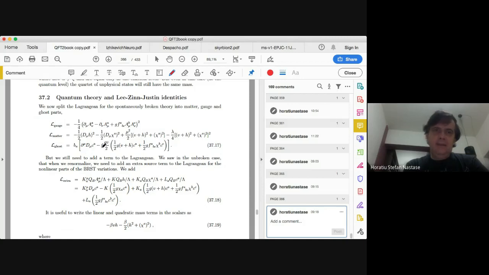And then we're left with b^a ∂^μ ∂_μ c^a, the usual kinetic term for the BC ghosts, minus this chi^a g v over 2 times (1/2 g (v + h) c^a + 1/2 g f^{abc} chi^b c^c).